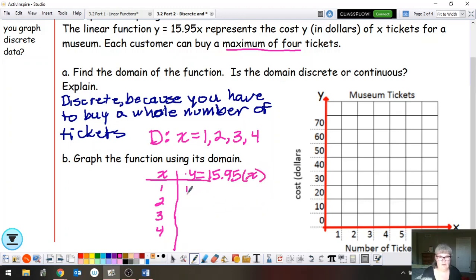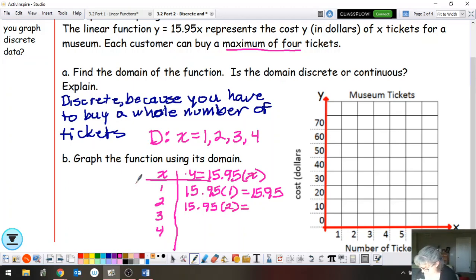So we're going to have 15.95 times 1, which is 15.95. Then we're going to have 15.95 times 2, which I cannot do that one in my head, is 31.9. And since we're talking money, I'm going to say 31.90.